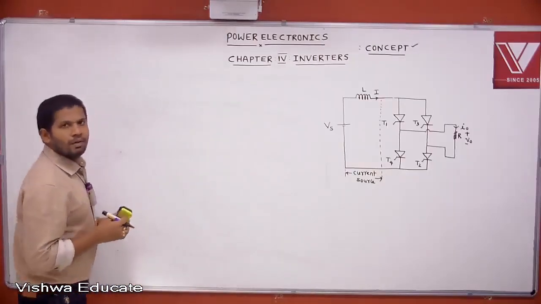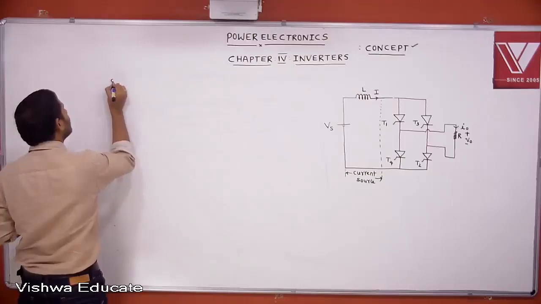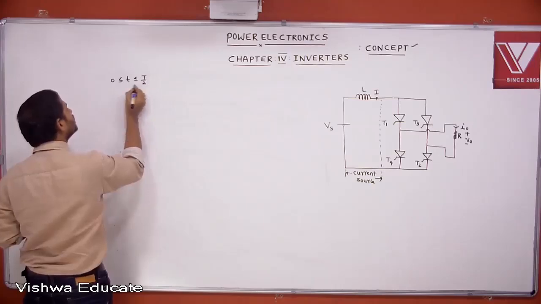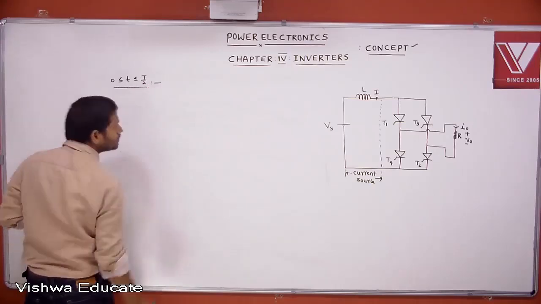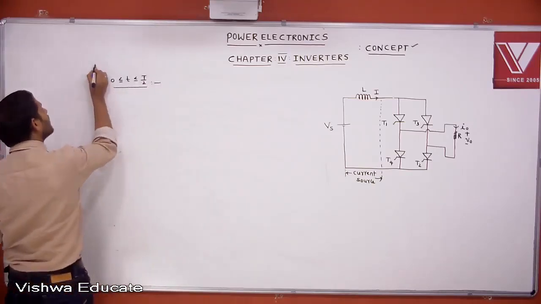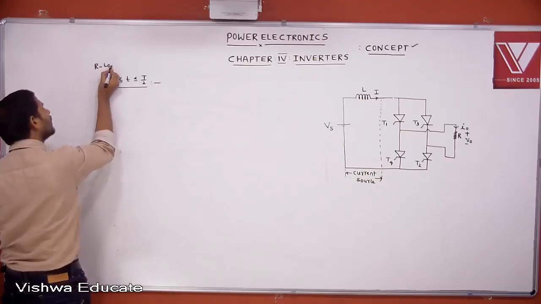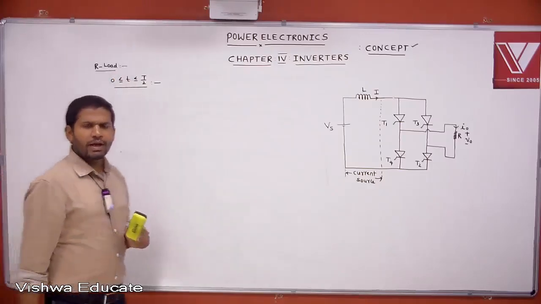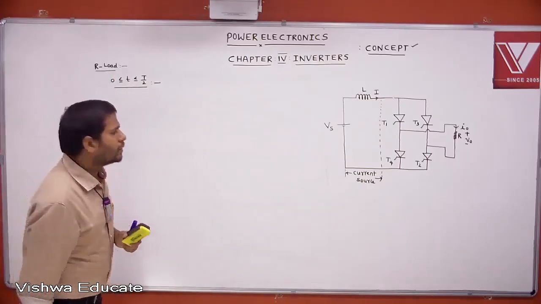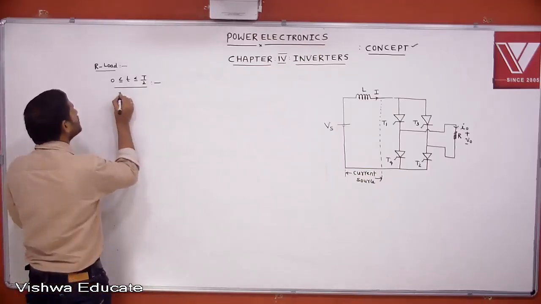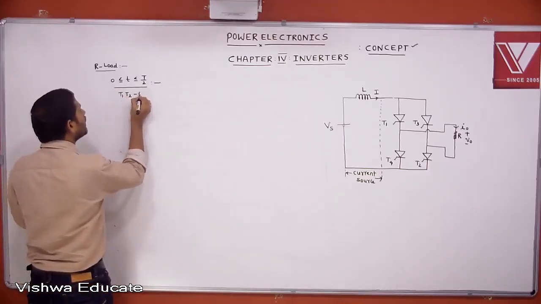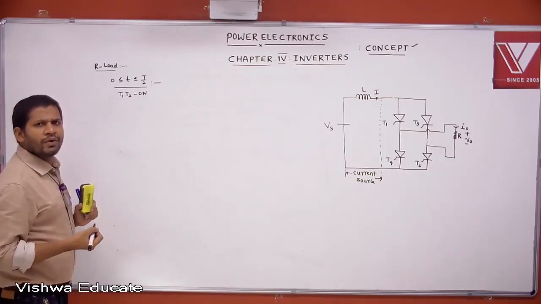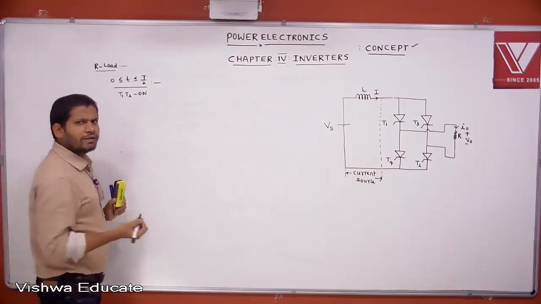This I am explaining for a purely resistive load. For 0 less than or equal to t less than or equal to T by 2, I trigger T1, T2. On and off is in your hand. Based on your requirement, we can make T1, T2 on or T3, T4 on.